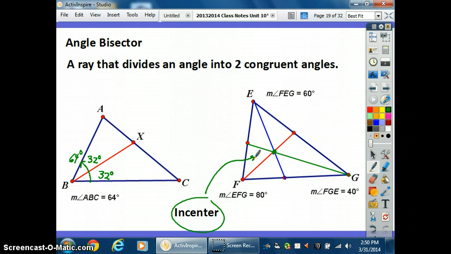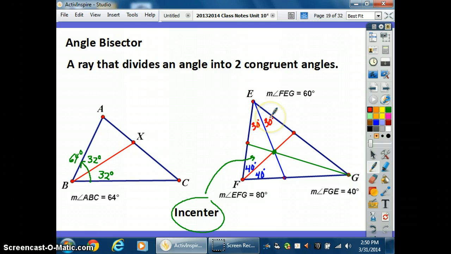And let's write our angles in, the degrees. If EFG is 80, this angle right here is 80, then both of these must be 40. And if this angle FEG up here is 60, then these two must be 30.